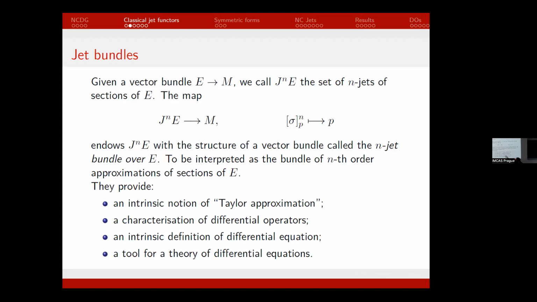Second reason why they're useful is because they help to give an intrinsic definition of differential operators, and we'll see this part at the end of the talk. And lastly, they're useful for the theory of differential equations. In fact, we can use them to define an intrinsic notion of differential equation, and we can develop through jets a theory to understand when these are solvable or not.